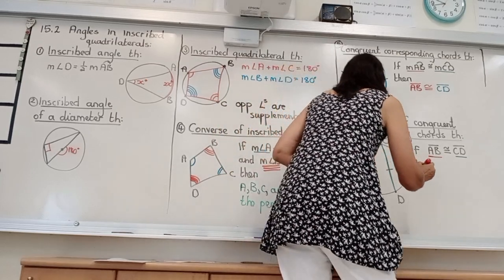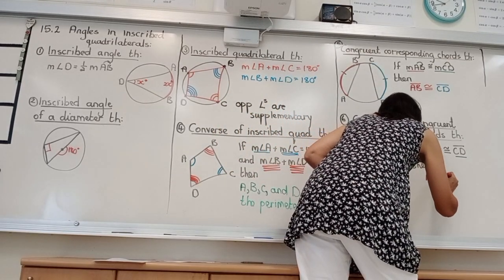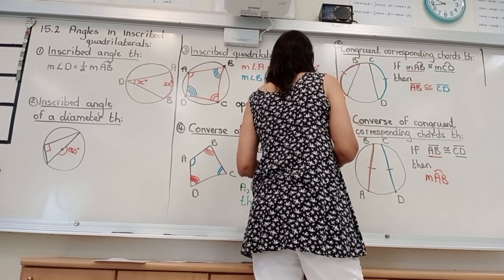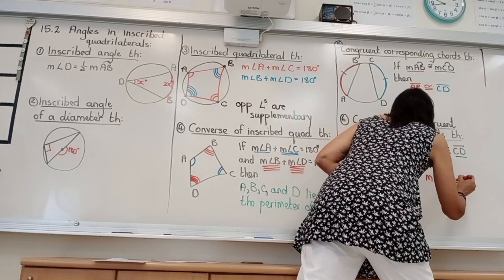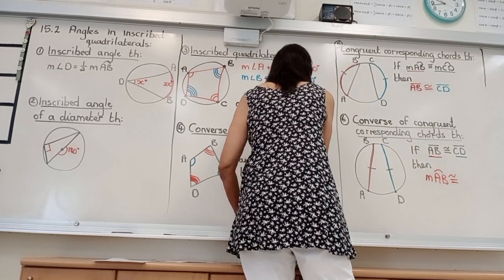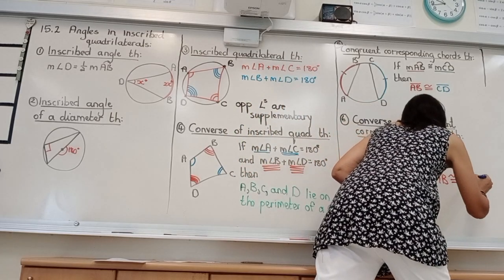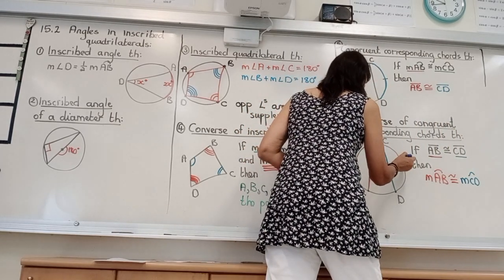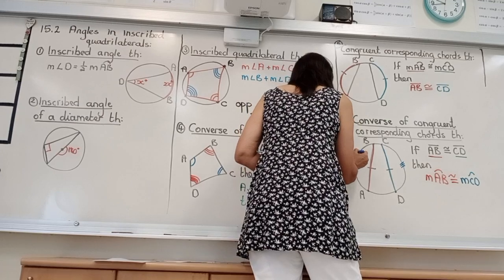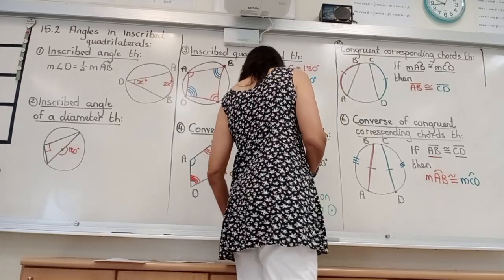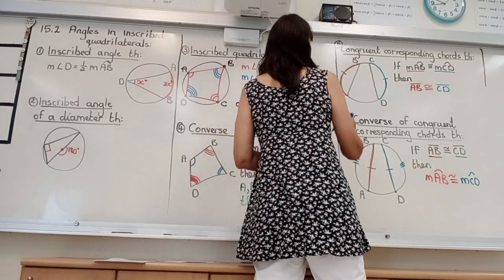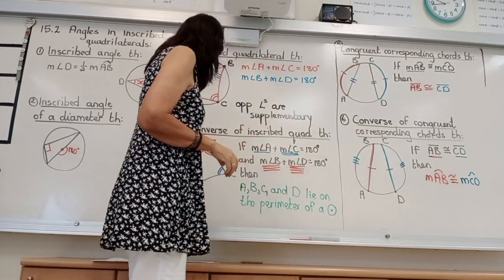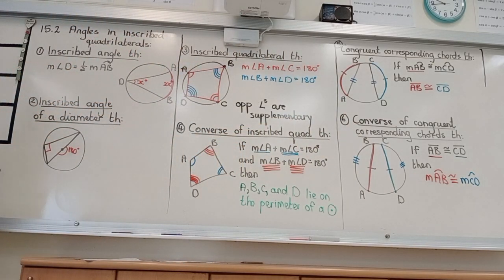We can say that the measurement of the arc AB is not just equal, it's congruent to the measurement of the arc CD. And if I go back to the previous sketch, we can also say that this chord will be equal to that chord. Here are our 6 theorems. Take a good look. We're going to work with them.